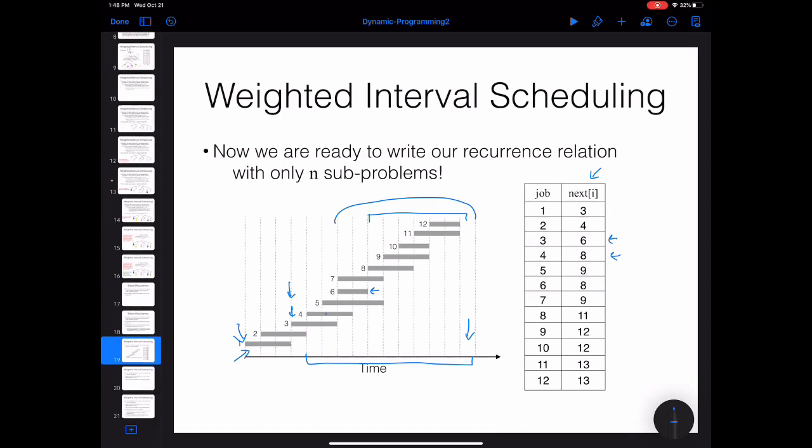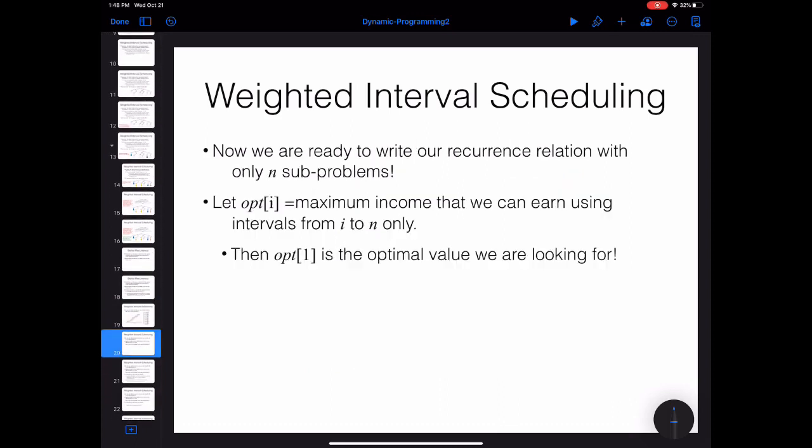So now I can think about writing the recursive relation for my search. I'm going to define this variable opt_i to be the optimal answer, the maximum income that we can earn if I have only the jobs i to n.